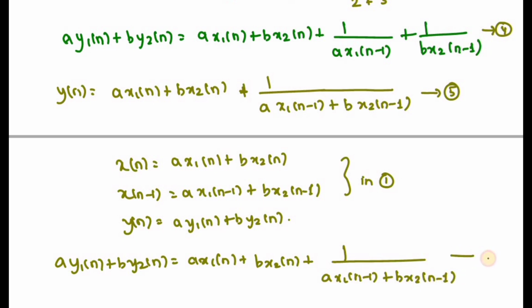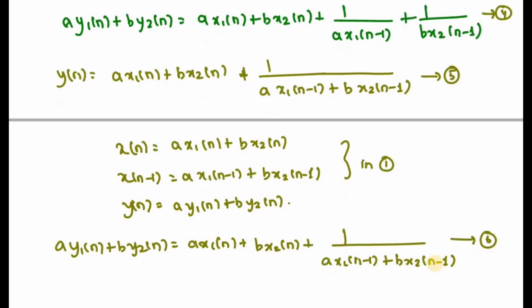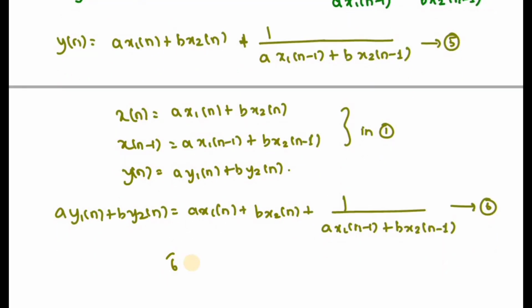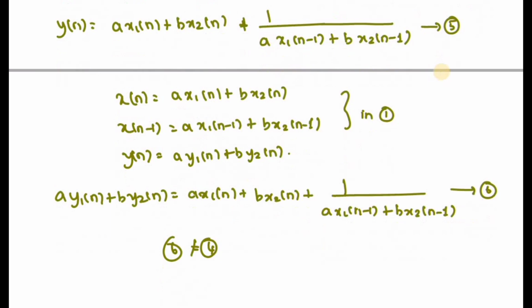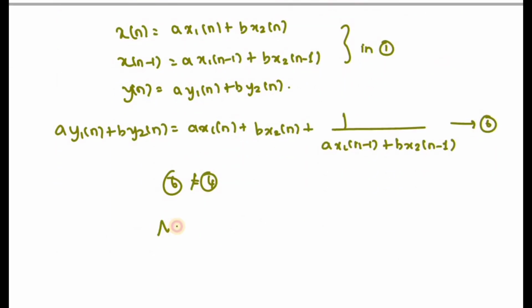Now if I equate the sixth equation with the fourth equation, you can see the sixth equation is not equal to the fourth equation. Both are changing. Therefore, it is non-linear.